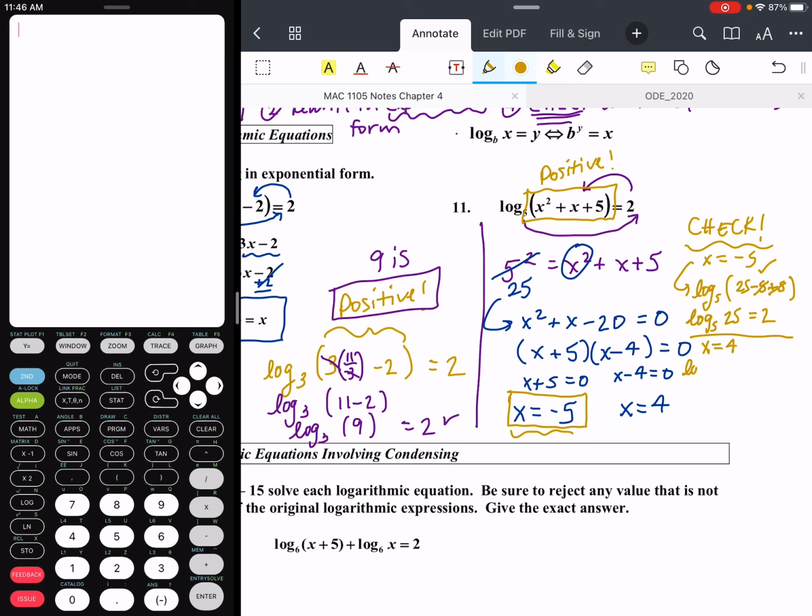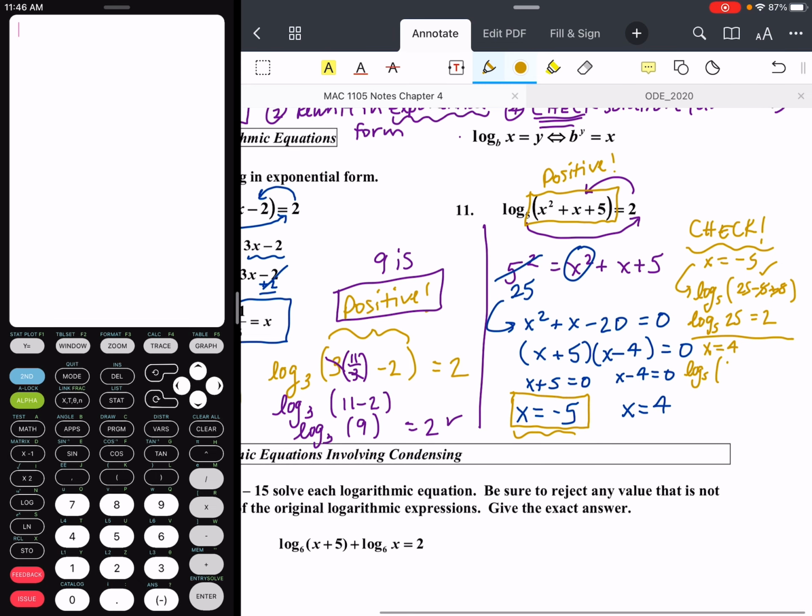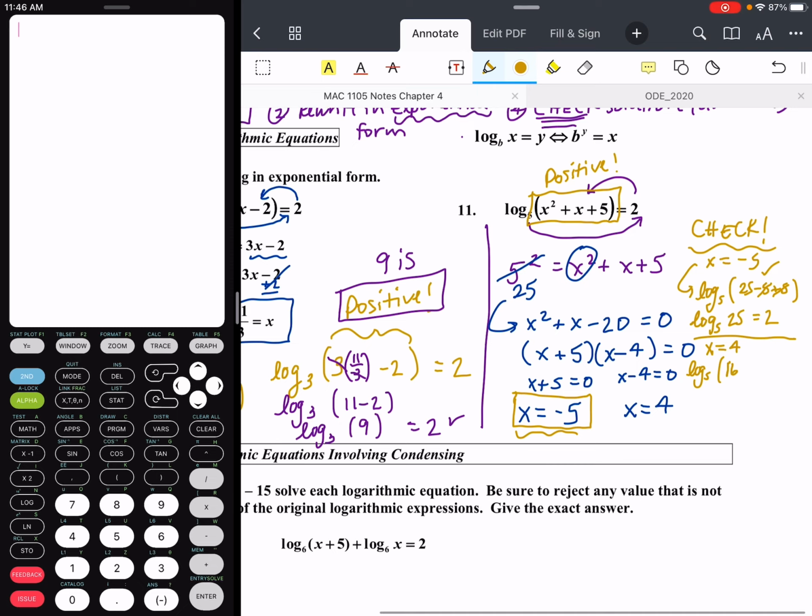So log base 5 of 4 squared would be 16, plus 4 plus 5. And all I'm focusing on is that's a positive number. That's going to be another positive 25. So x equals 4 works as well.